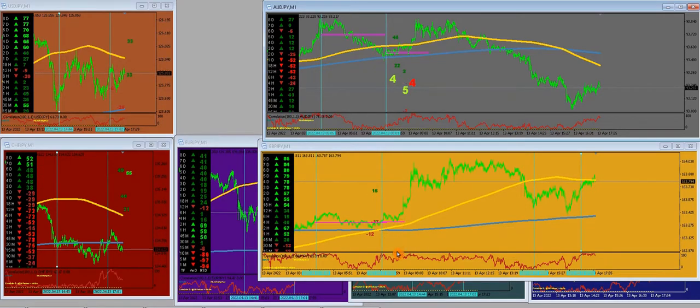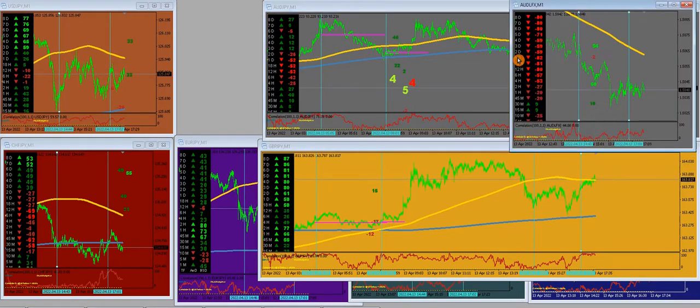At this point, pound was up here and it's also above both of the levels. Aussie was down here and also below both of the levels.